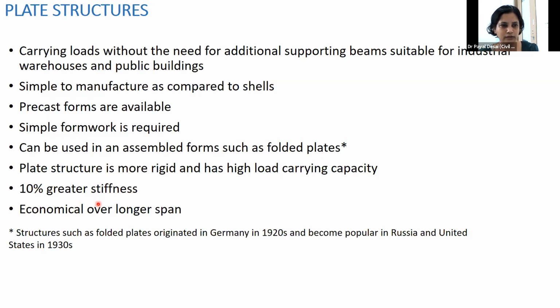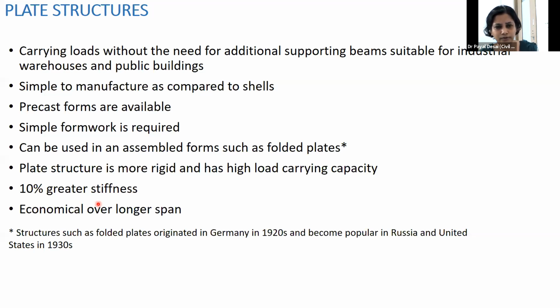So the popularity is because of that. Then we have factory-made precast forms that you can easily manufacture, take to the site and construct. You can also assemble them, like the folded plate roof we have seen, where there are assemblies of plates.